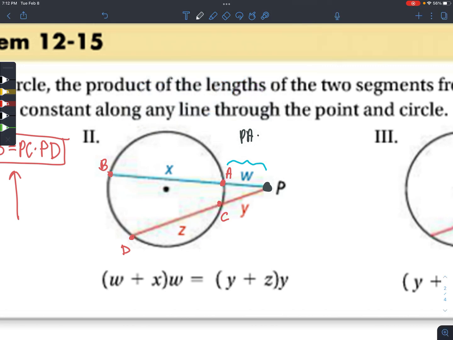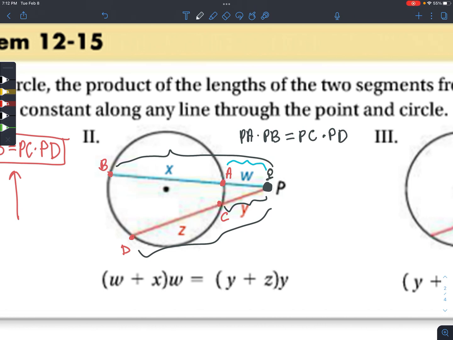That's PA. Go to the point, you know, it's always starting at P and going to the point on the circle. So PA and also the distance to the other point equals the distance here, PC, times the distance here. So you really have to put yourself at P, and you're standing here, and you're looking at the places where your lines hit the circle, and you're going out to each one of those.